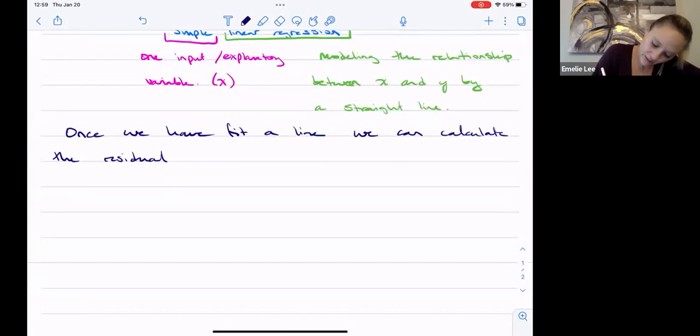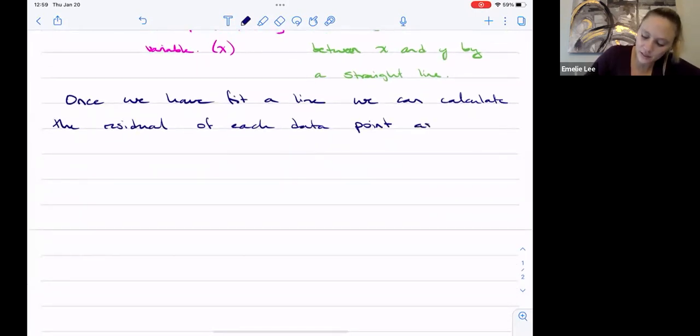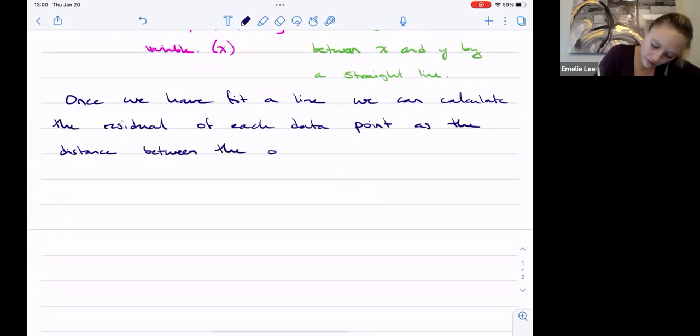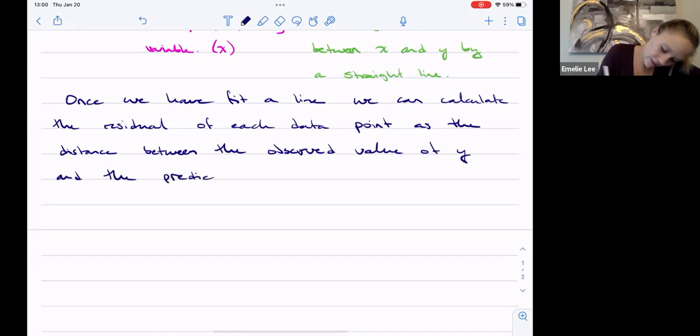We can calculate the residual of each data point as the distance between the observed value of Y and the predicted value of Y, which is the value of Y on the line.